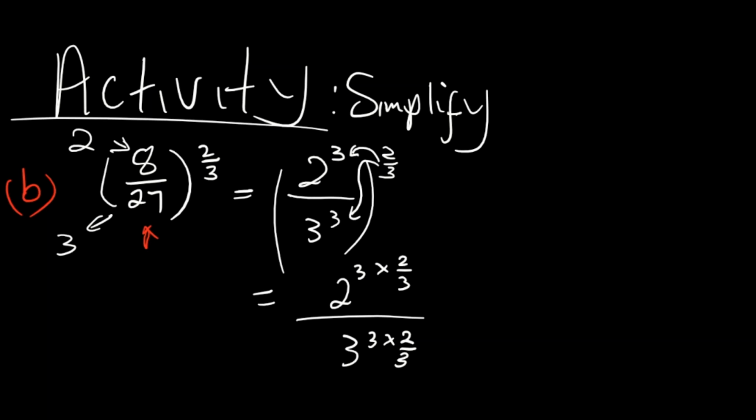Now the 3 and the 3 will divide out, 3 and the 3 will divide out, and you're going to have 2 to the power of 2 over 3 to the power of 2. We know very well 2 to the power of 2 is 4 and 3 to the power of 2 is 9. So this is the final answer.